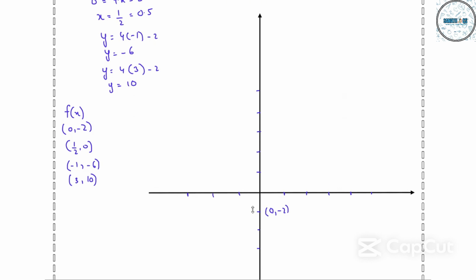We have here the y-intercept, and the x-intercept is 1/2, 0, which is to be here. -1, -6 is over here. 3, 10 is almost here. Now we will sketch a graph. We will draw a line passing through these points.